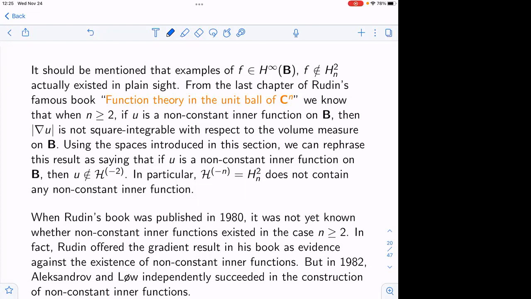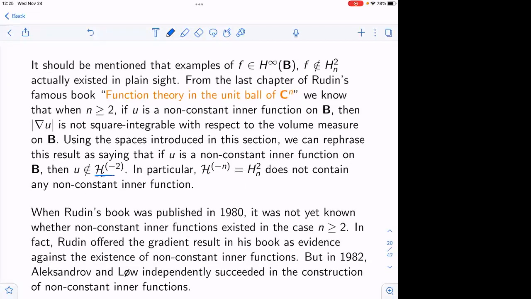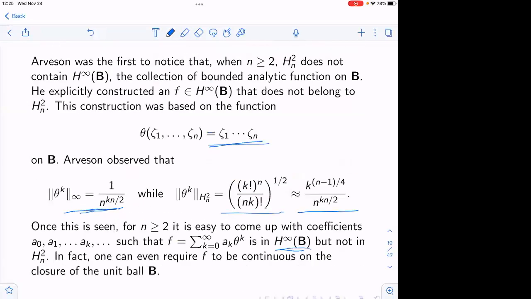So what that tells you is that in this space H minus 2, there are already no non-constant inner functions. So if n is at least 2, then the Drury-Arveson space doesn't contain an inner function.